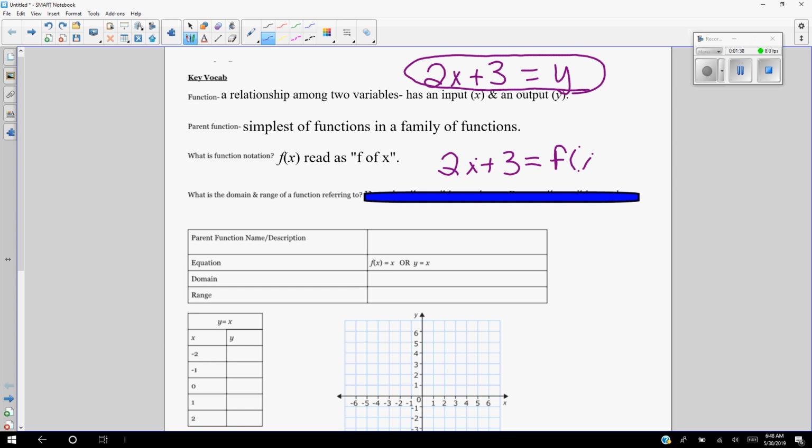But instead of setting it equal to y, we're going to set it equal to the function f. People get confused with that f and think it's another variable, but really, all it is is the name of the function. I guess it is a variable technically, but a little different than the x and the y.